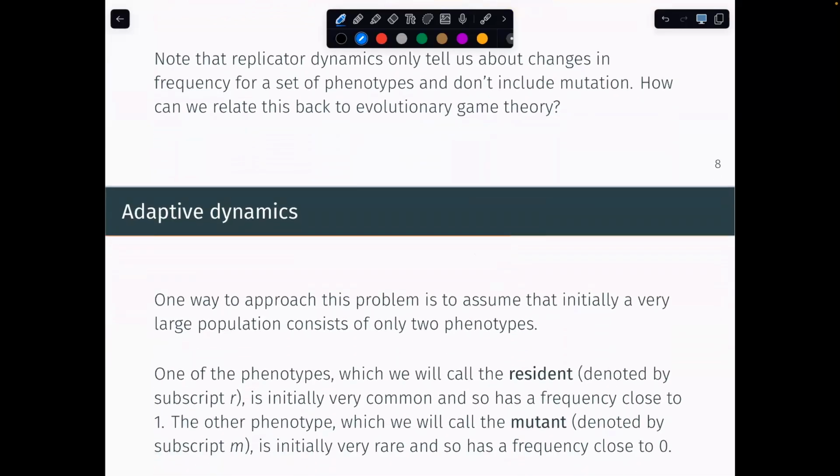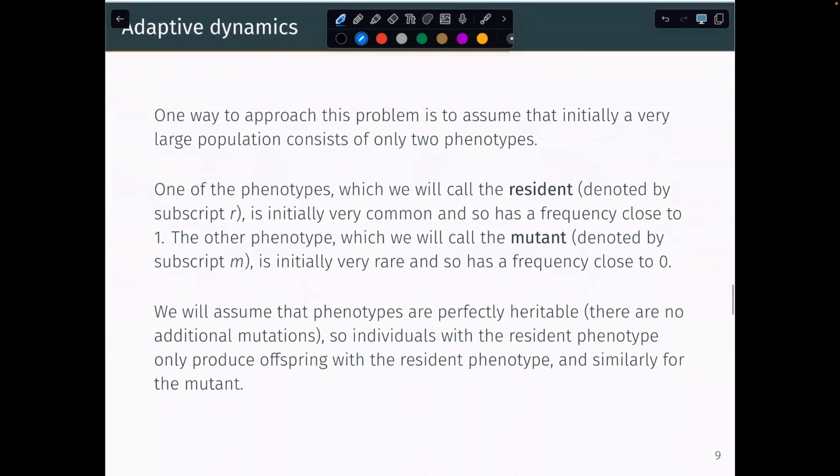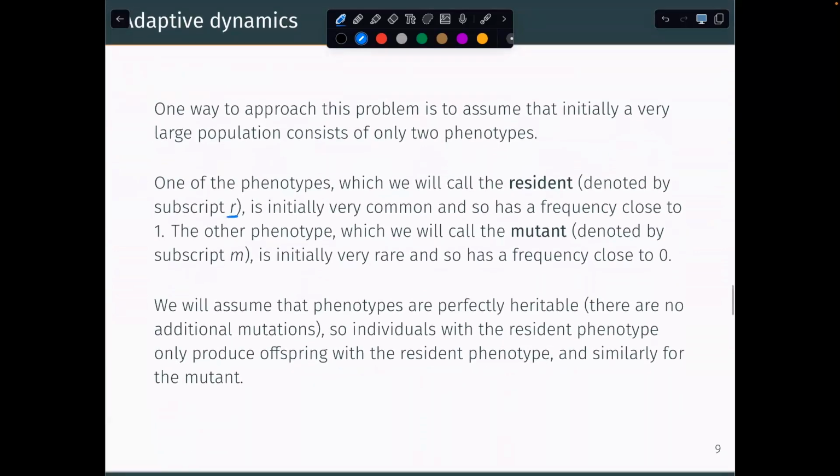Okay, so how can we relate this back to evolutionary game theory? We've got an equation for some dynamics, and we want to also think about this process of mutation. This is where adaptive dynamics comes in. One way to approach this problem is to assume that initially there's a very large population consisting of just one phenotype, which we're going to call our resident, with subscript R. It's very common initially, and so has a frequency close to 1.